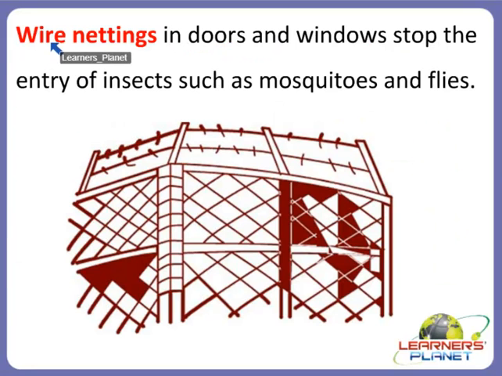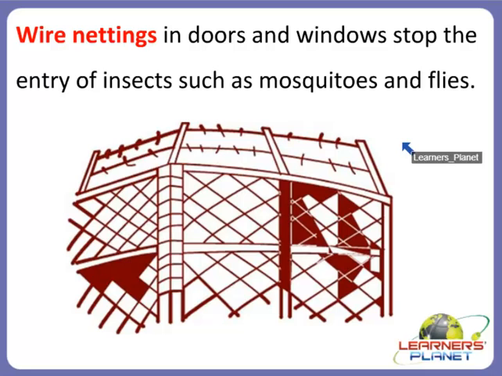Children, wire nettings in doors and windows stop the entry of insects such as mosquitoes and flies. So this is a picture of wire netting which can be placed in doors and windows, and these wire nettings allow the sunlight and air to come in.